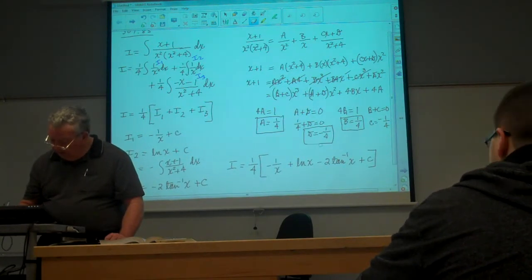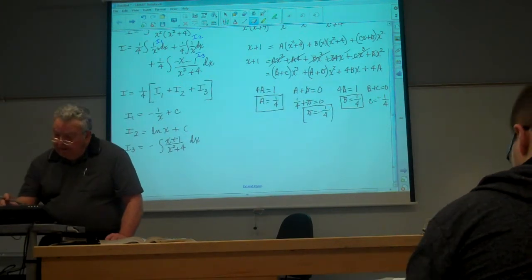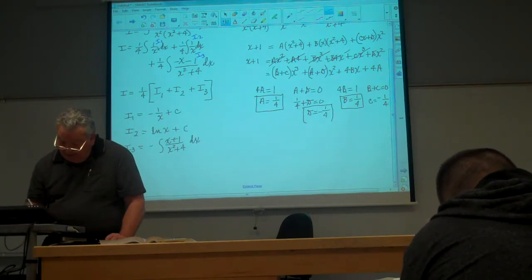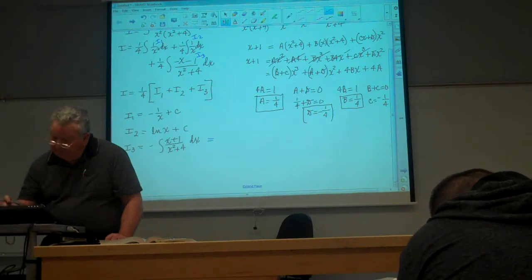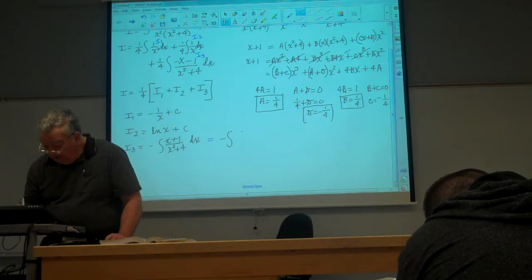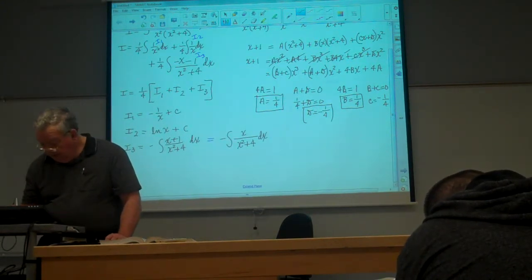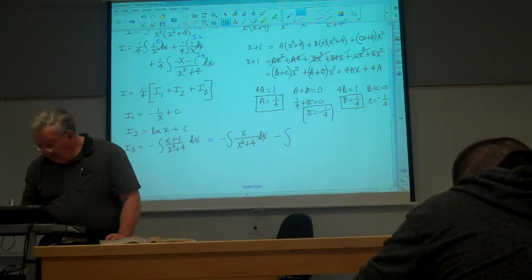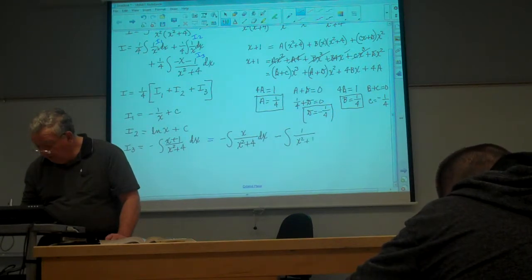we got to work a little bit harder, don't we? All right. So this is equal to minus the integral of x over x squared plus 4 dx, and then minus the integral of 1 over x squared plus 4 dx.